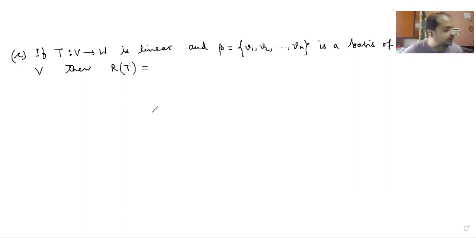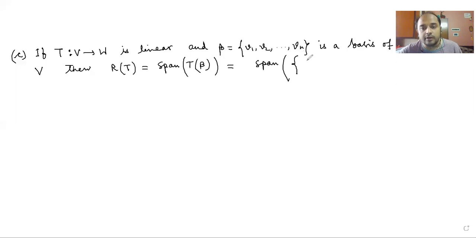It is R(T) equal to span of T(β). So that is the span of {T(V1), T(V2), ..., T(Vn)}.